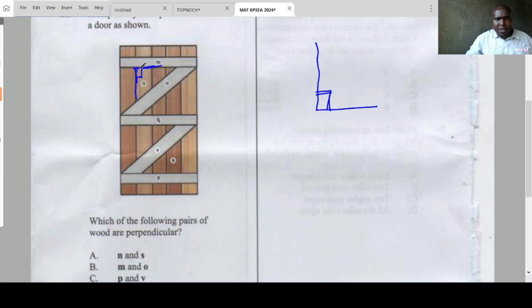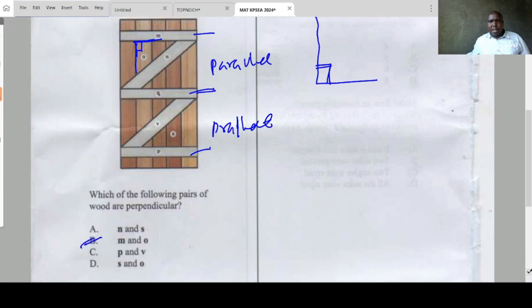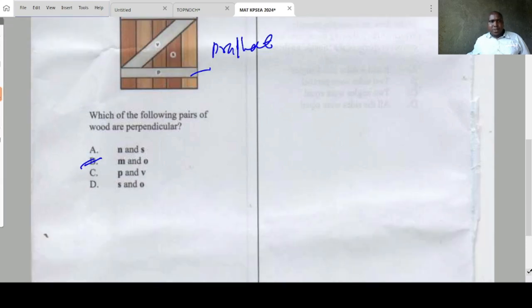Therefore, they are perpendicular. Now, M and Q, they are parallel. And Q and P, they are also parallel. So next time if you are asked which ones are parallel, now you see the ones that are parallel.